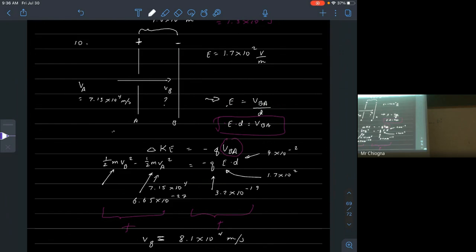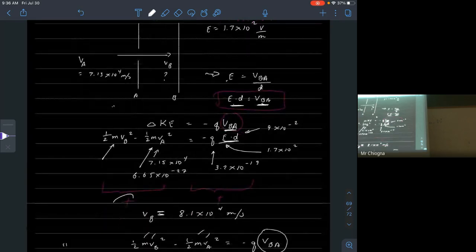So I just rearranged. E times d is V_BA. So I replaced V_BA by E times d. That's all. Now the sign might not work out, but don't just force it to be positive. Force the right side to be positive, which would make the V_BA negative, but don't worry about that.